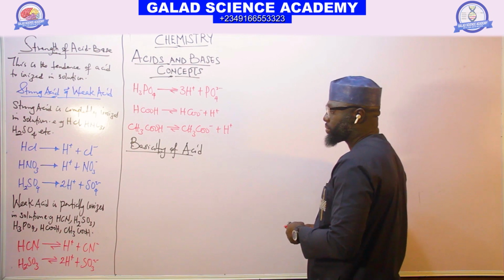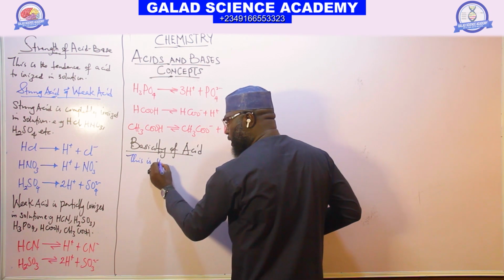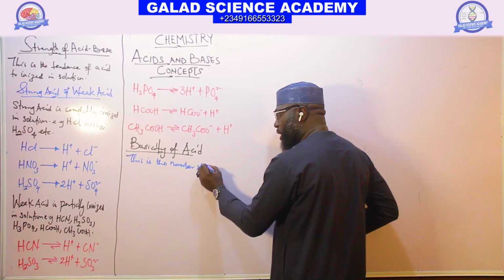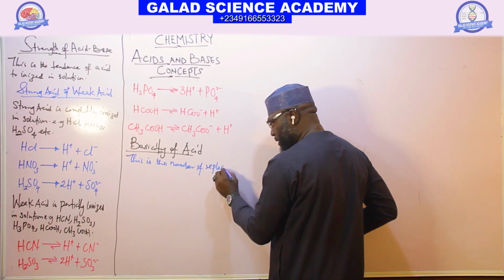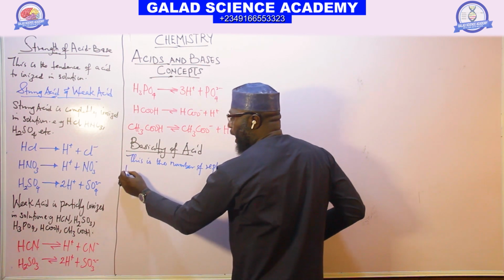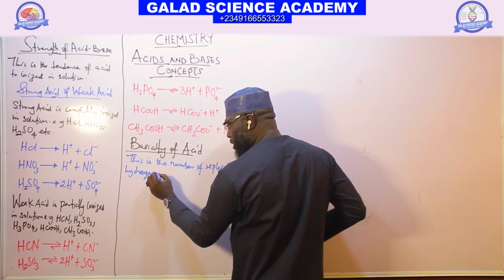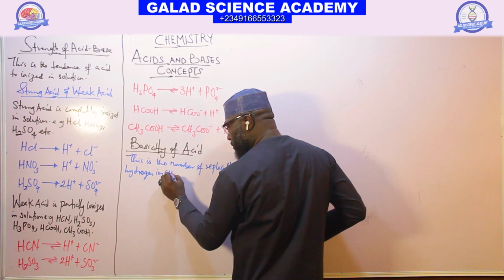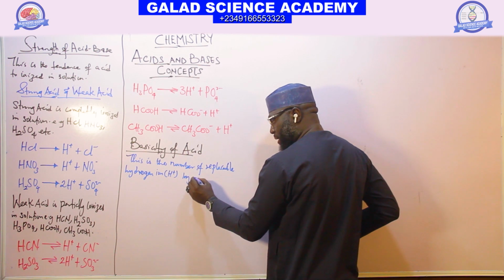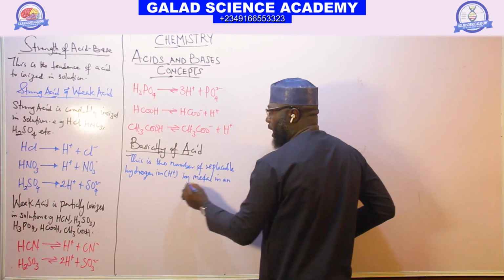This is the number of replaceable hydrogen ion by metal in an acid.